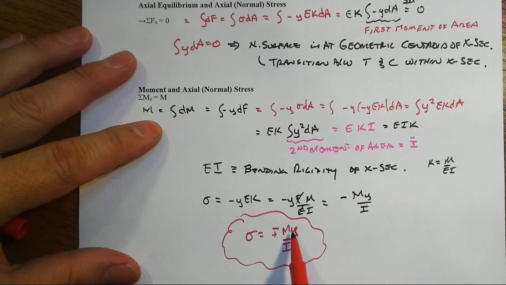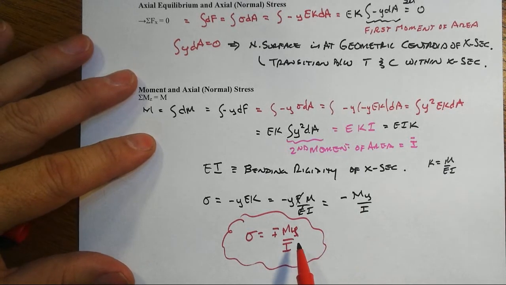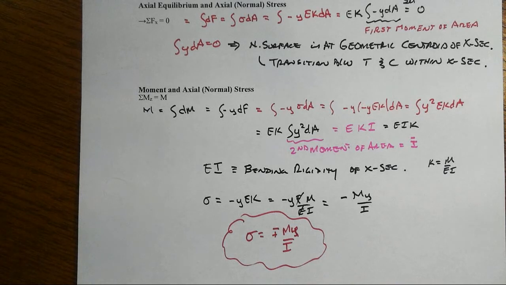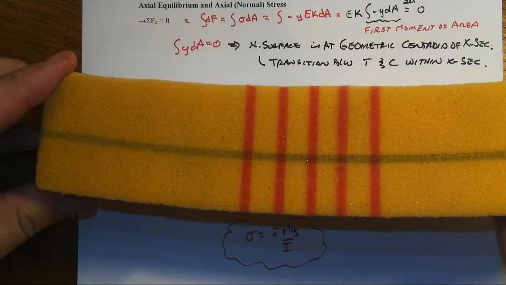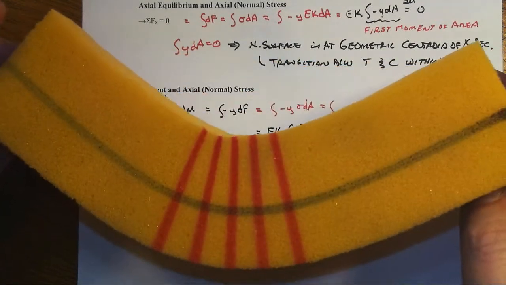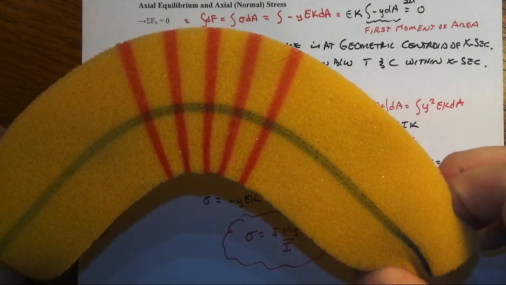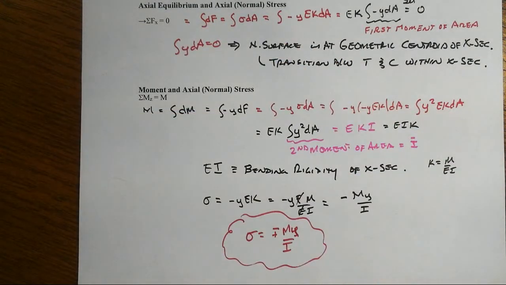If we go down below, then that would be a negative y times a negative, giving us the result of a positive stress. I know that's kind of goofy, right? And people don't like that. So what I do is I say, look, if I have a positive bending moment, then I know I have compression on the top and tension on the bottom. If I have a frowny face or negative moment, then it's the opposite of that, and I don't really worry about this minus-plus business going along.